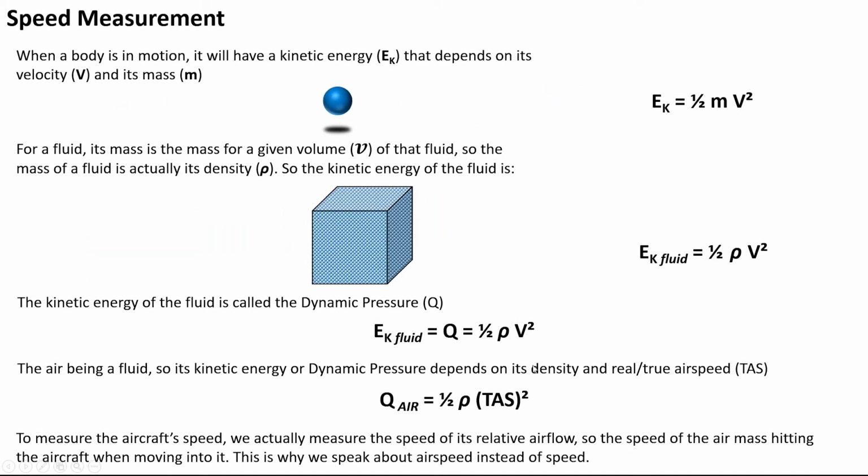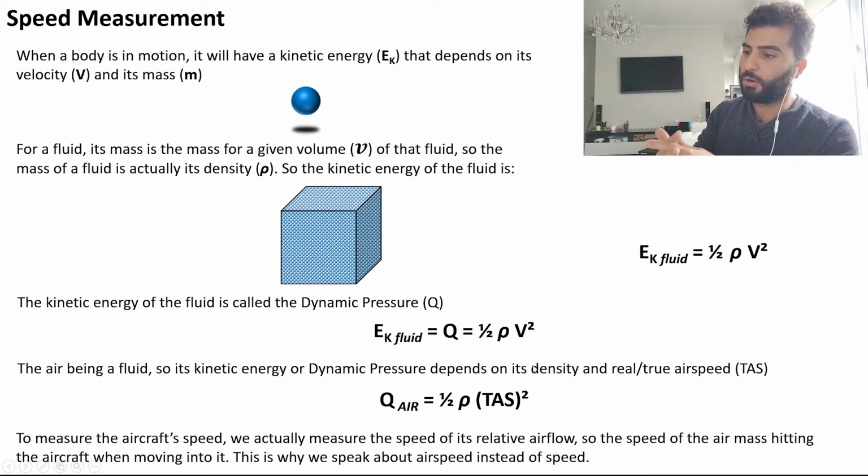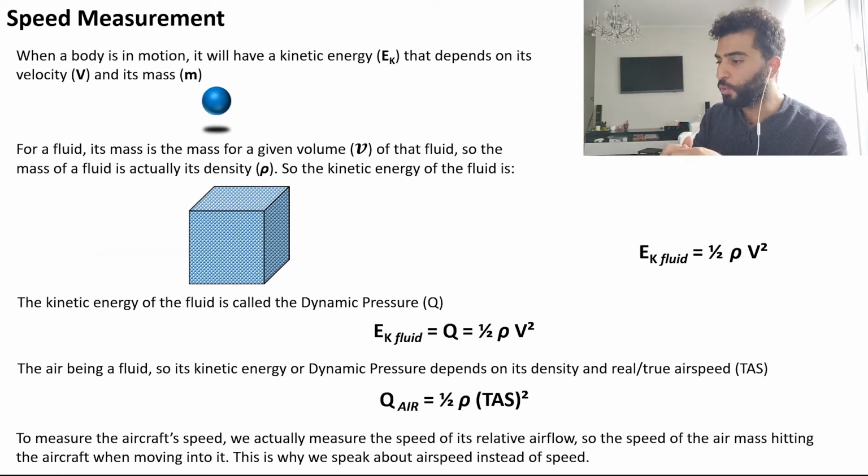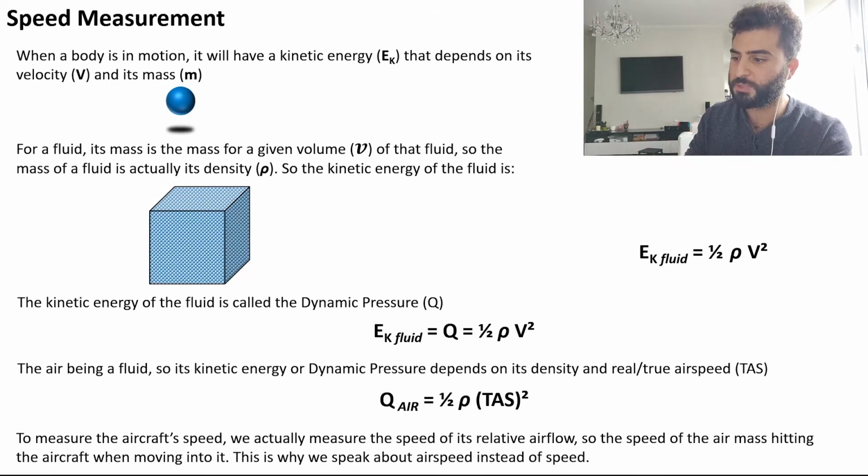Now that this has been defined, let's see how we measure the speed when we fly. I know that you probably covered this in instrumentation or in AGK, but it's very important to remind it, mostly in the way I'm going to show and explain it. When we measure the speed of the plane, we actually measure the speed of the air around it. When you drive a car, we measure the speed of the wheels, but when we fly, we are not rolling over the clouds.